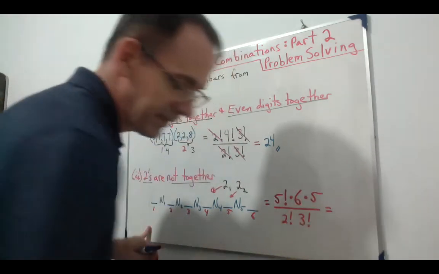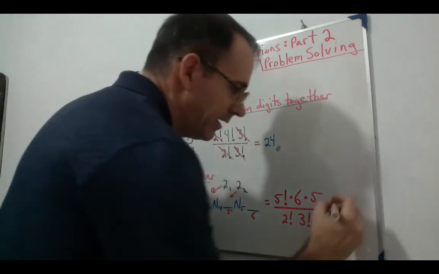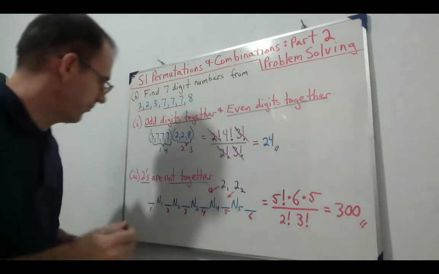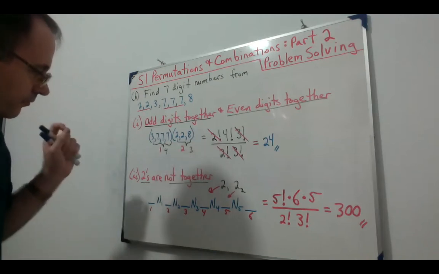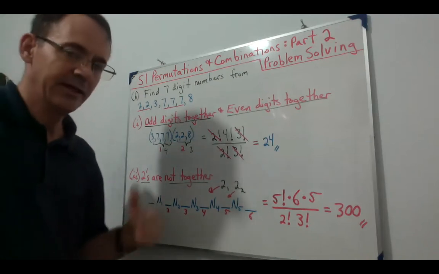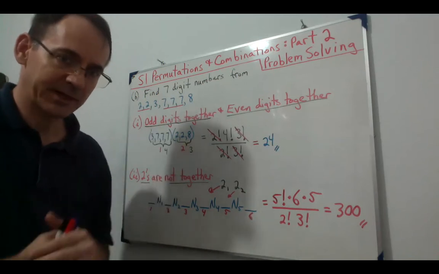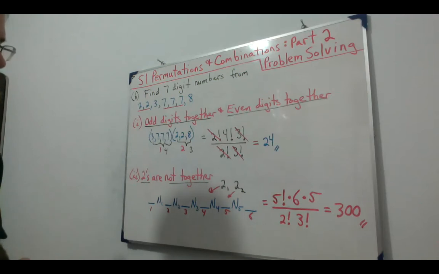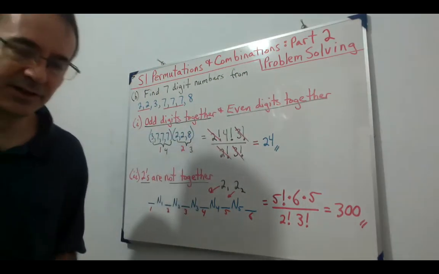So we calculate this, and when you calculate this on your calculator, you end up with 300 different ways that you can have 7 digits where the 2s are not together and they're still distinguishable numbers with respect to each other.